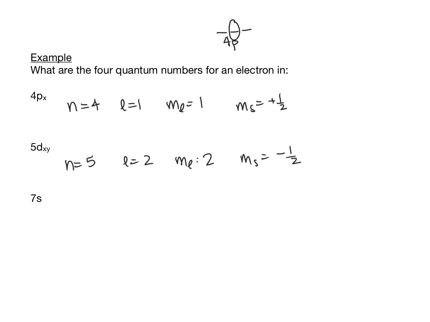Again, any value. So for 7s, n equals 7, L equals 0, M sub L has to equal 0, it's the only allowed value, and M sub S equals plus 1/2. So we can pick any of these values for any of the things.